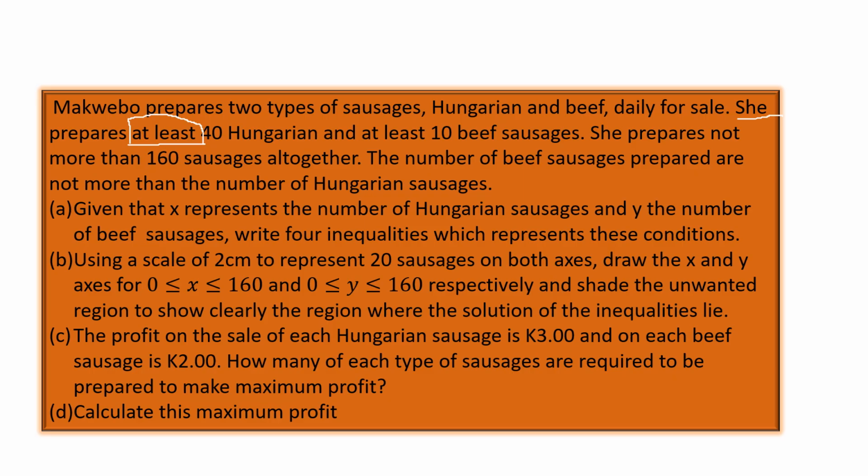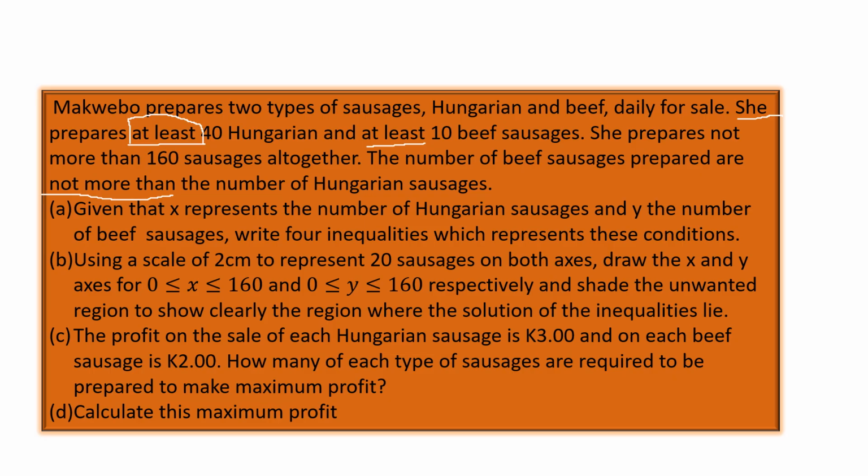At least means greater or equal to. Same here, again at least means greater or equal to. And the one you hear, not more than: not more than is less or equal to. The number shouldn't be more than that given number.